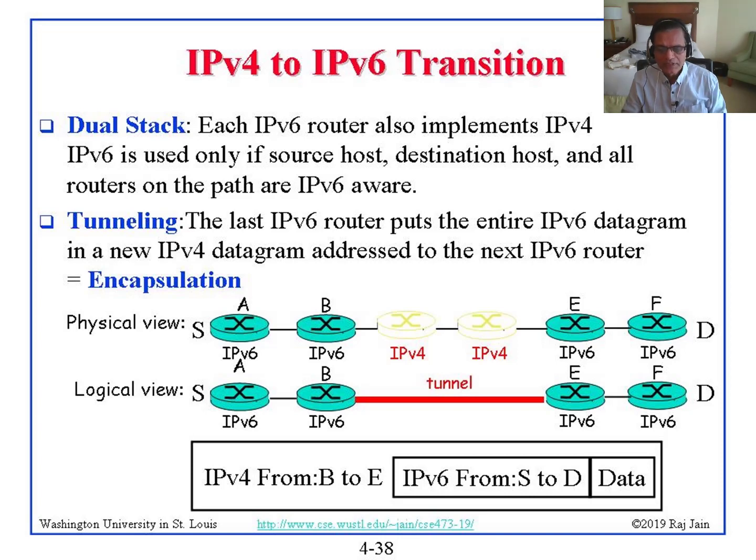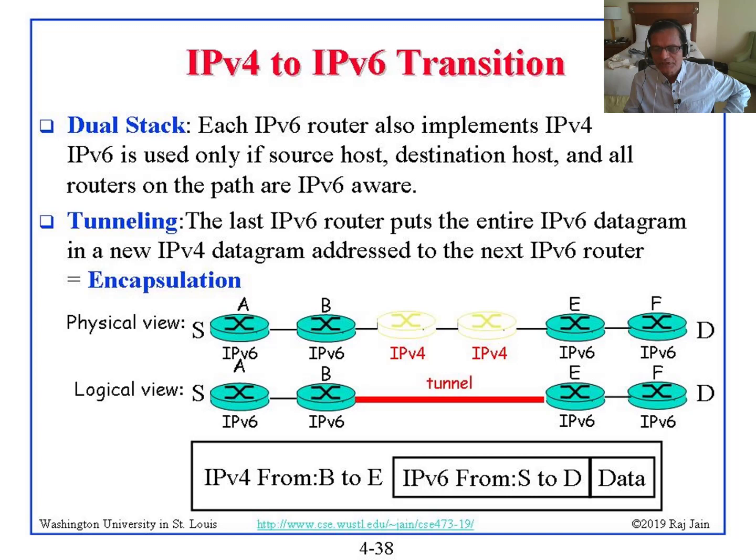So another solution, which is commonly used, is to tunnel. If you are IPv6 and you have to go through IPv4 land, or through a router or a set of routers or through a country which does not use IPv6, you dig a tunnel through it. What that means is that at the entry port, you put the whole IPv6 packet inside an IPv4 packet.